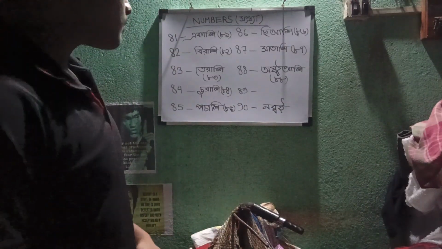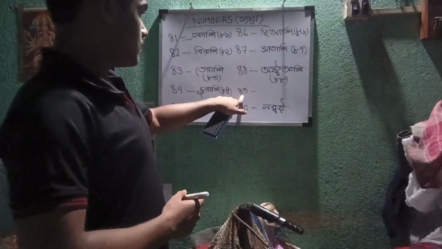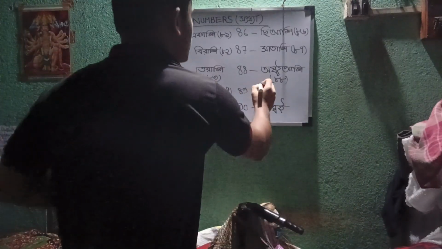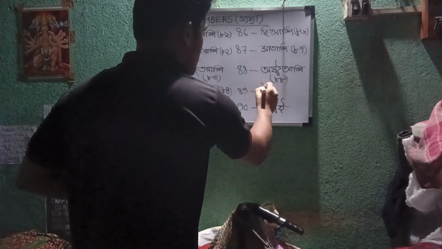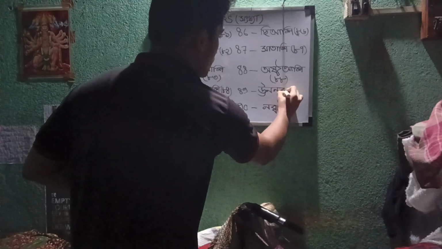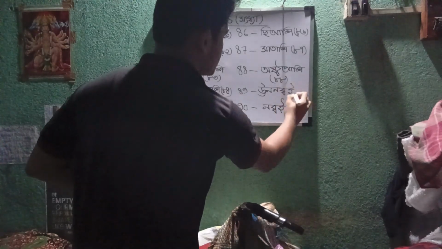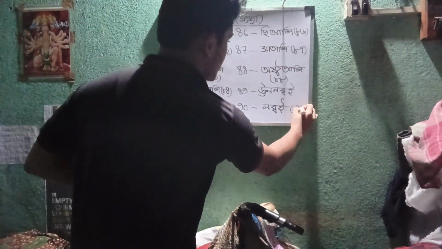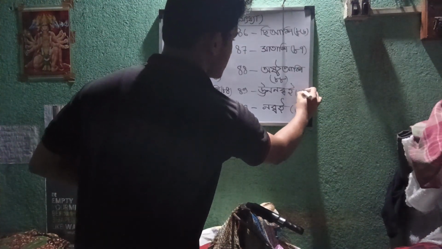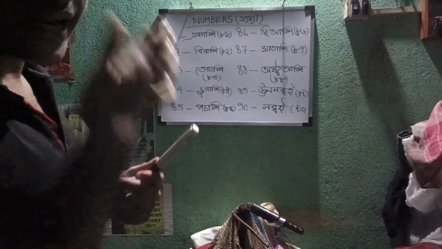And 89 will be ûnônব'ôi. So nob'ôi means 90, and ûnôনব'ôi means 89, 8 and 9.